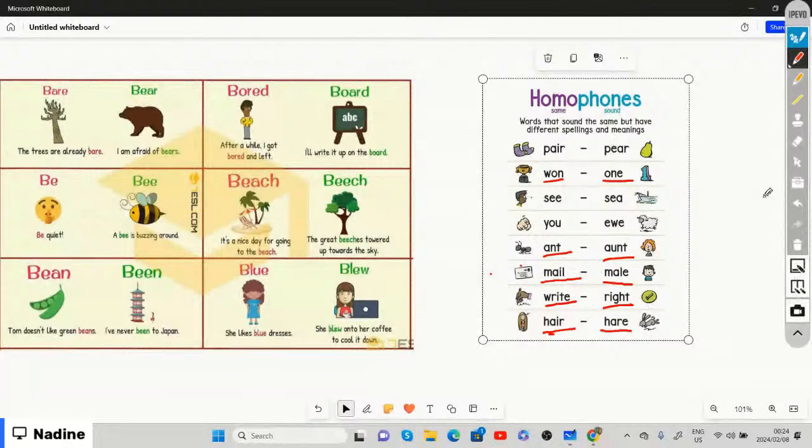But do we get the idea now of what homophones are? It's words that sound the same, but they have different spelling, and the meaning is also different.